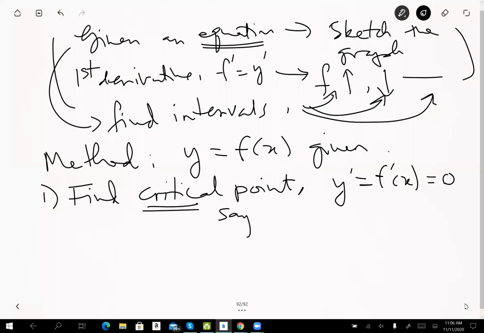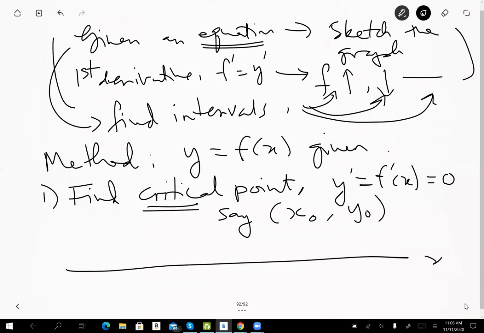Say that point is x0, y0. So you have the critical point. We don't have to worry too much about the y. We just worry about the x because we want to see the behavior of the function. So based on x equal to x0, I can draw just the x line. So that is x0, where f prime is 0.